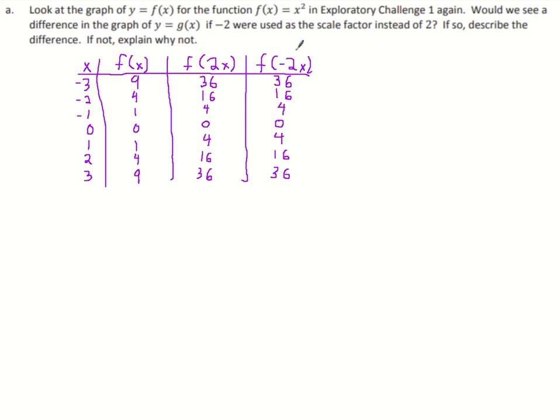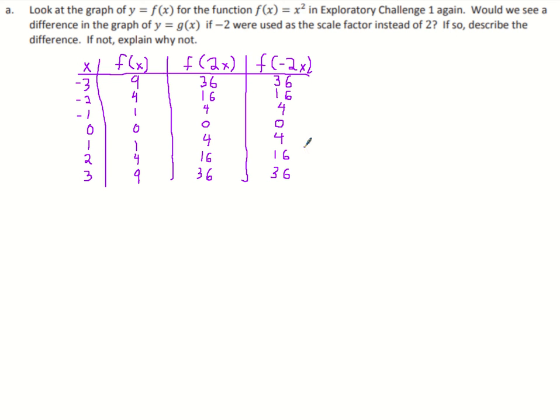Well, because when it comes to squaring things, it doesn't matter if your input is positive or negative. When you square something, you can never get a negative answer. You're always going to get a positive answer. So even if we negate this, it's not going to change because we're still squaring it.